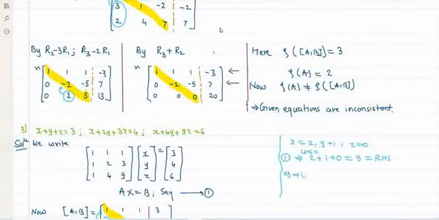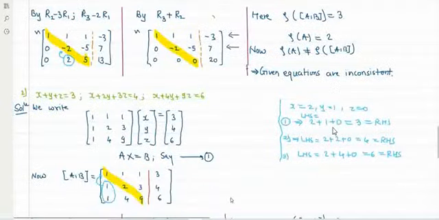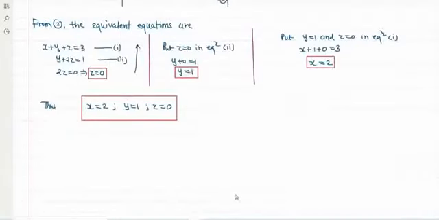Equation 2, LHS is 2 plus 2 into 1 plus 0, that is 4, that also matches RHS. Second also satisfied. Third one, LHS is 2 plus 4 into 1 plus 0 equal to 6. So all equations are satisfied. So you conclude here that your answer is correct and you can share with your marks.